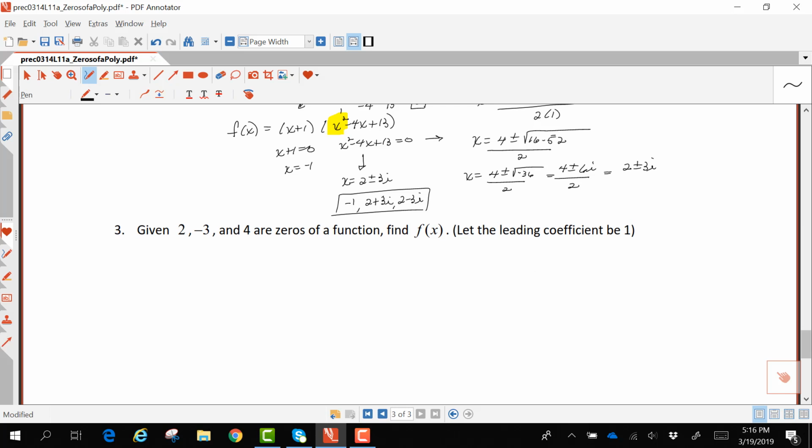Number 3 is a big change from number 1 and number 2. Now they're asking me to actually find the function, find the equation of the polynomial. To do this, I simply take the given zeros and write x minus that zero.